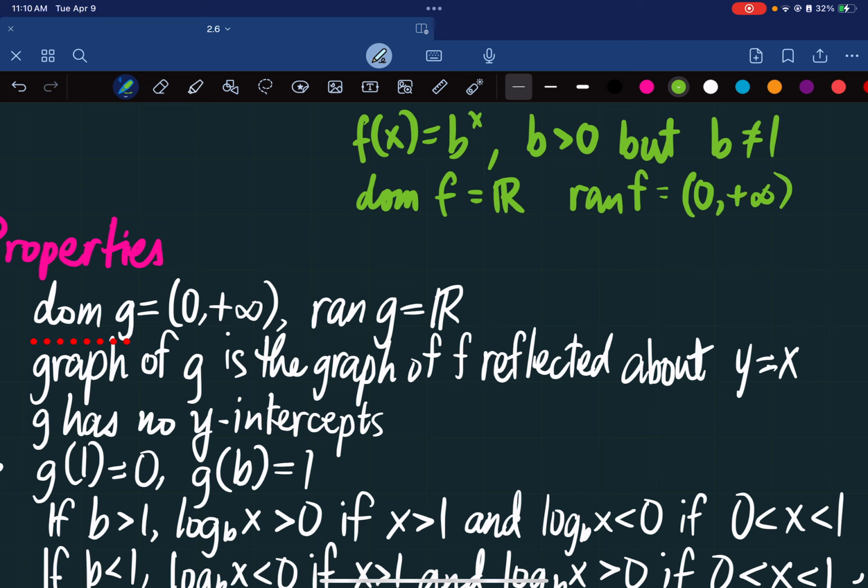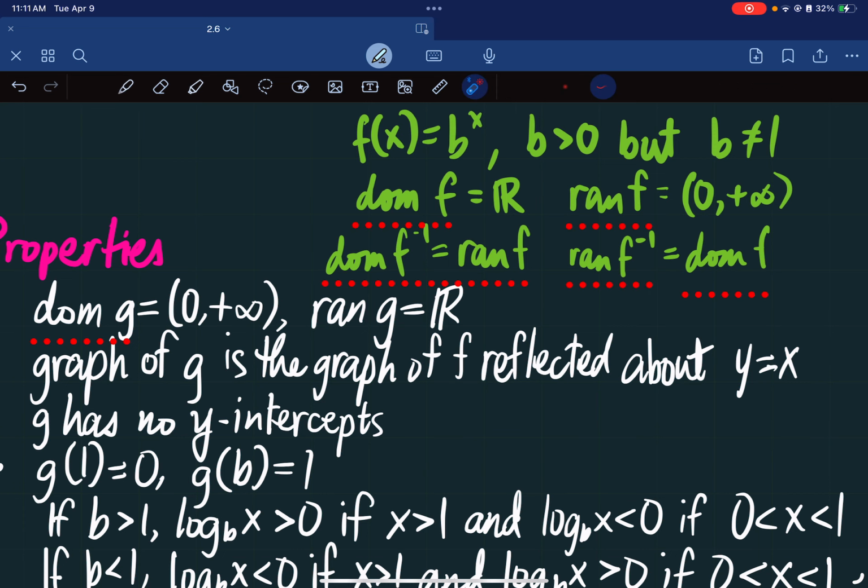Furthermore, recall that the domain of your inverse function is the range of the function itself, and the range of your inverse function is the domain of the original function.